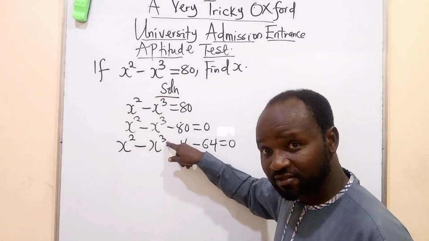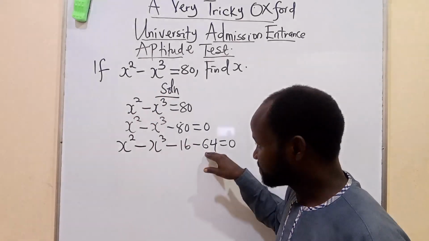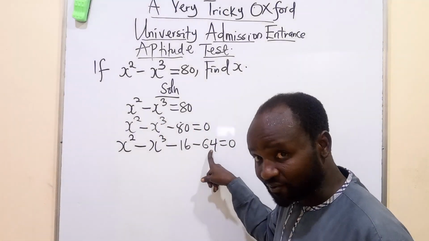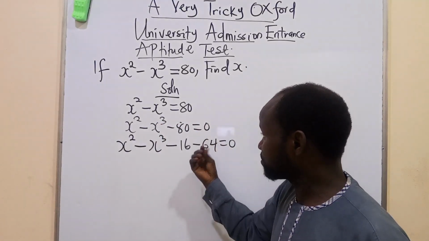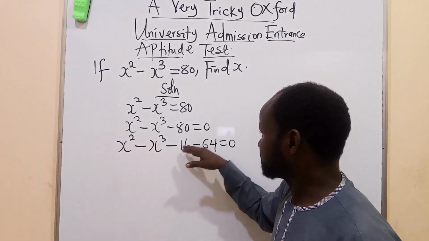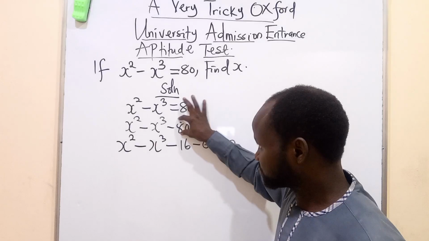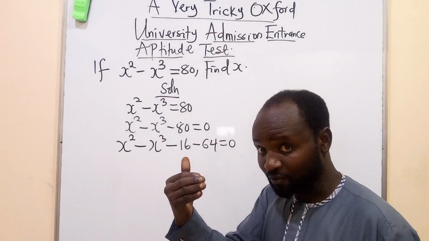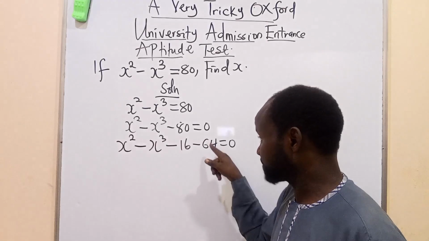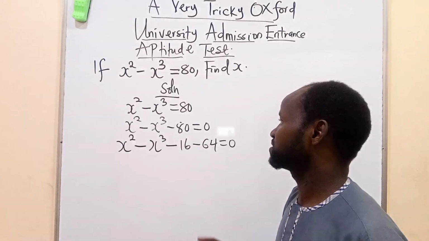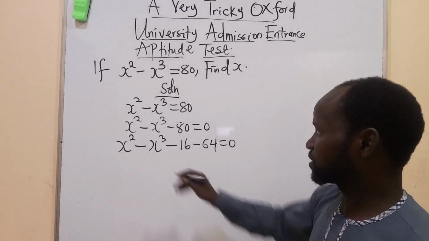Then since I have x cubed here, this 64, 4 cubed is the same as 64. That is why I have to think of two numbers that I can express as a square number, then as a cubic number from this 80. And the two numbers are 16 and 64. Because if we say minus 16 minus 64, we'll get minus 80. Very important.